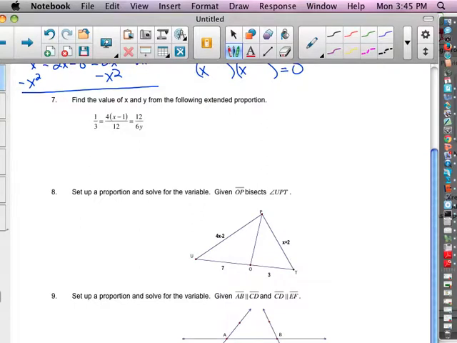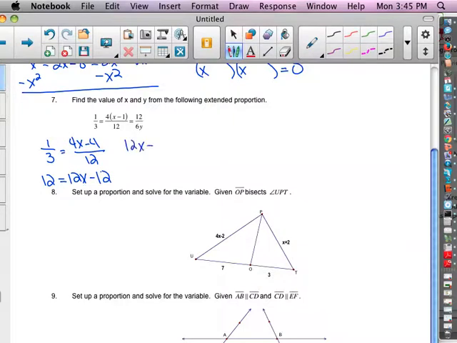Okay, number 7, it is an extended proportion. You have to set this up as 2 separate equations, one for x and one for y. So the first one is going to be 1/3 is equal to 4x minus 4 over 12. Cross multiply, 12 is equal to 12x minus 12.